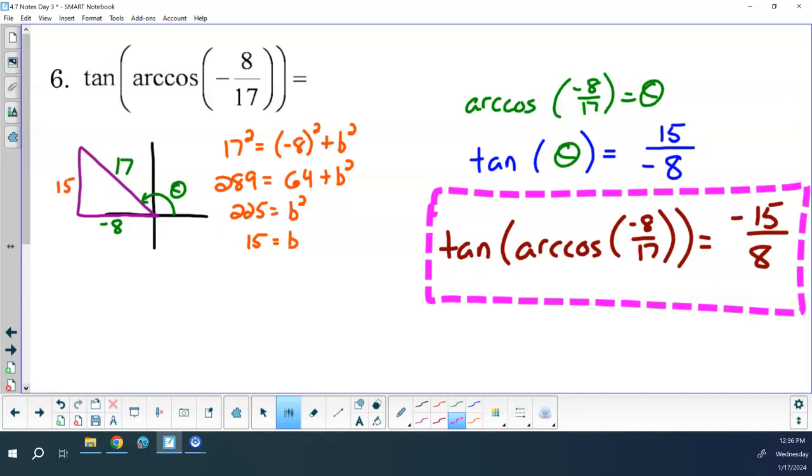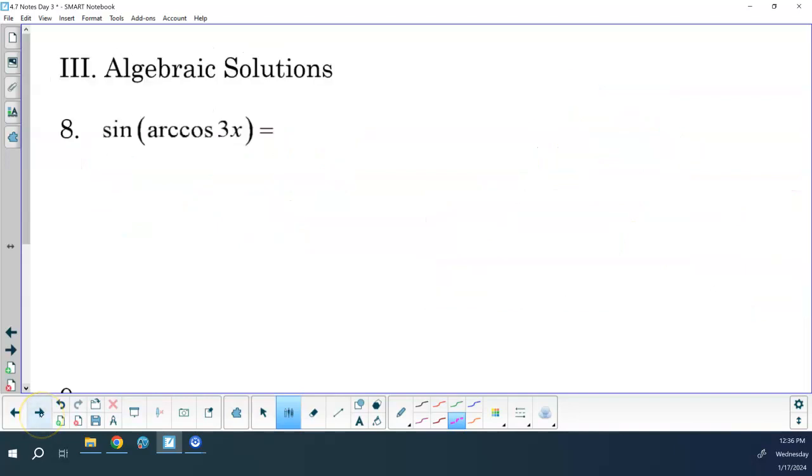Now, let's get real funky. Let's do an algebraic triangle. Roll your eyes and be there, sister friend. The nice part about an algebraic triangle is you're going to set them all up in quadrant 1, and then you're going to let x determine if it's positive or negative from there.